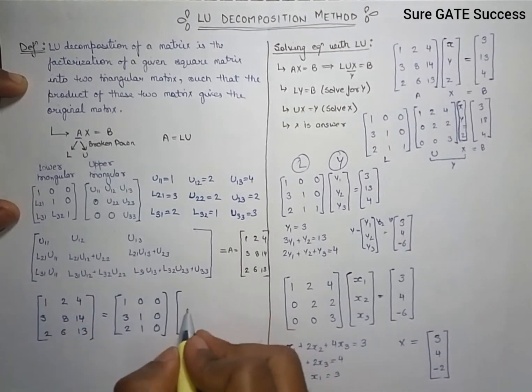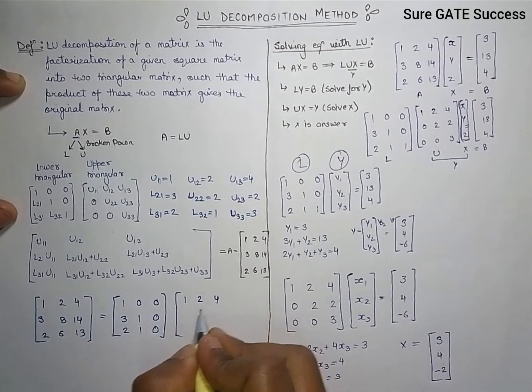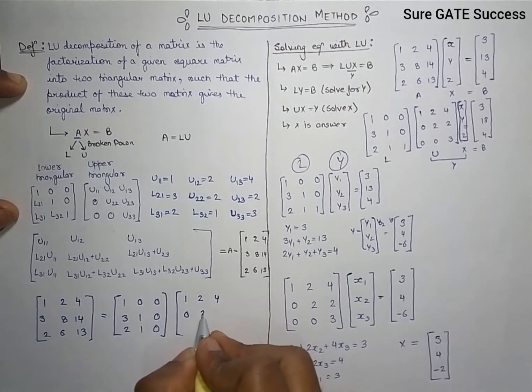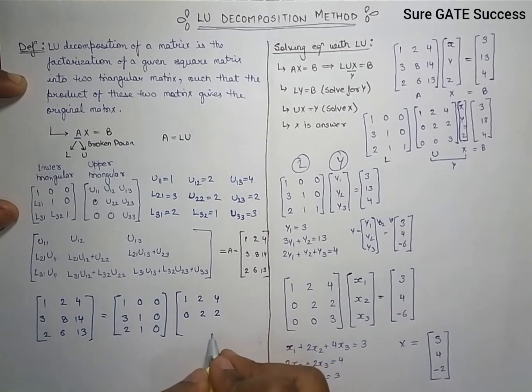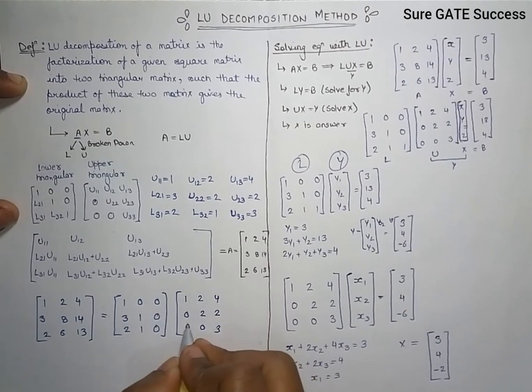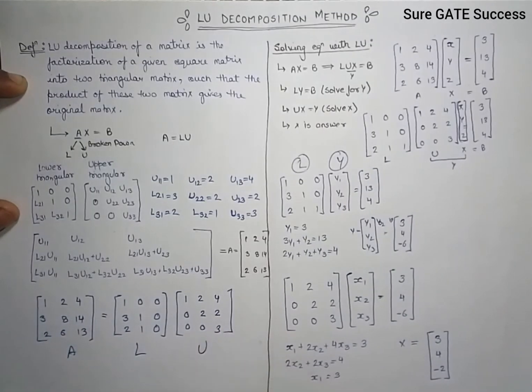The U is U11 is 1, U12 is 2, U13 is 4, then 0, U22 is 2, U23 is 2 and U33 is 3. So this is our A, this is our L and this is our U.